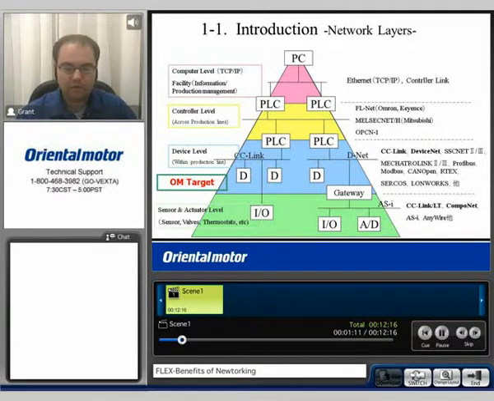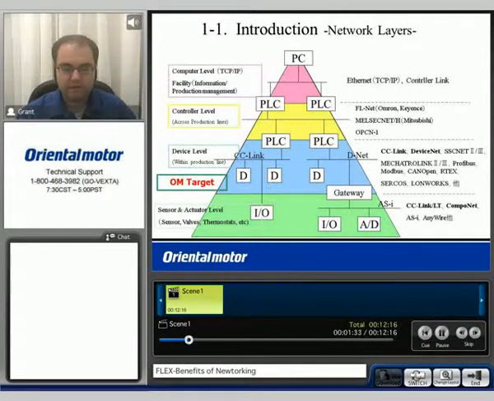Then there is the controller level listed in yellow. This is usually communication between PLCs or master controllers. In the past, there's been some proprietary protocols available depending on which manufacturer you're using. But now most of that is migrating towards Ethernet again.